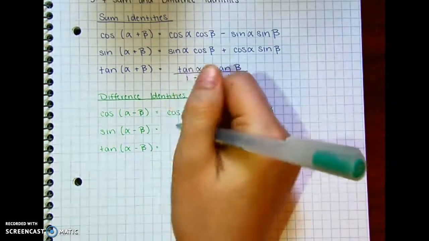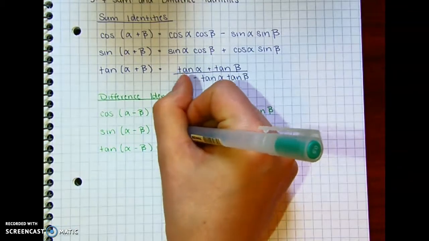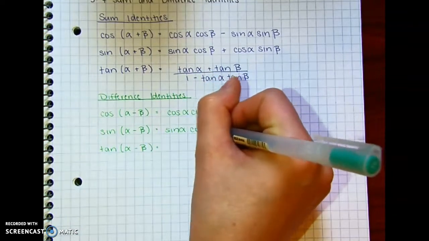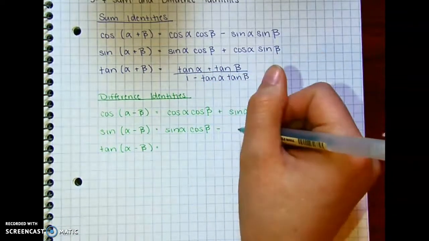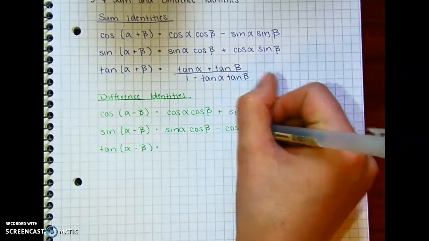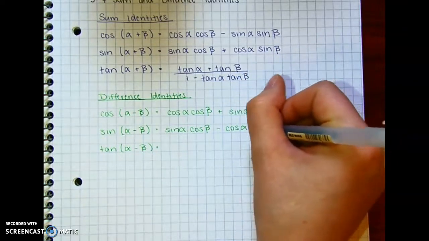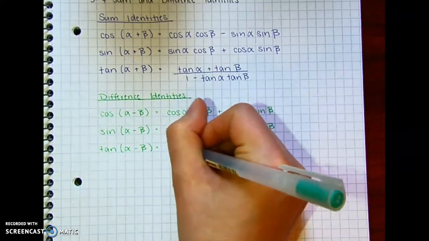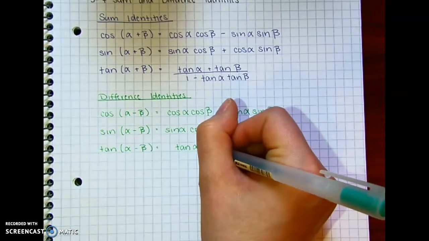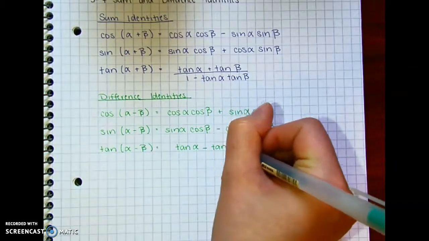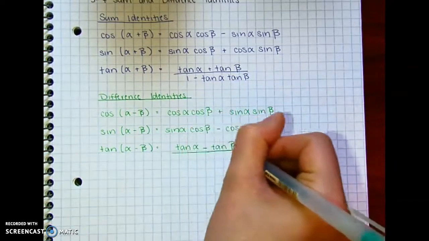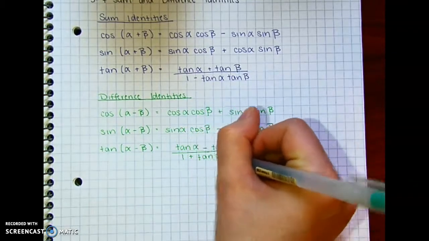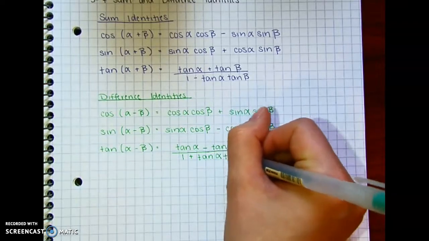For sine, it's going to be sine of the first angle times cosine of the second angle minus cosine of the first angle times sine of the second angle. And for tangent, it's going to be tangent of the first angle minus tangent of the second angle divided by 1 plus tangent of the first angle times tangent of the second angle.